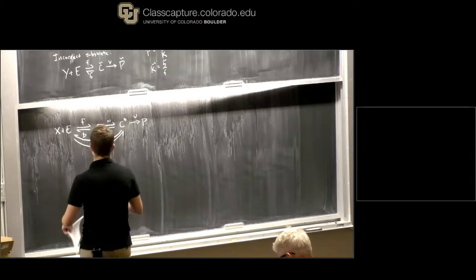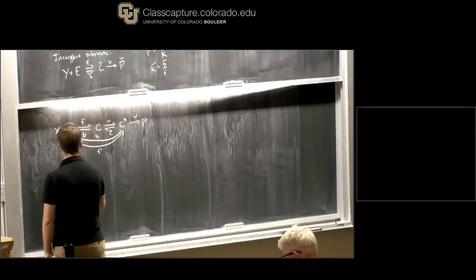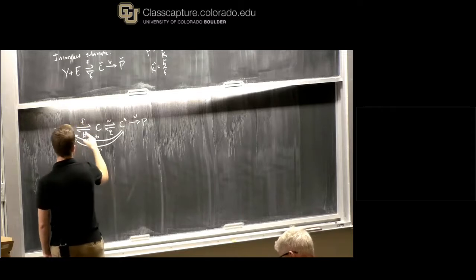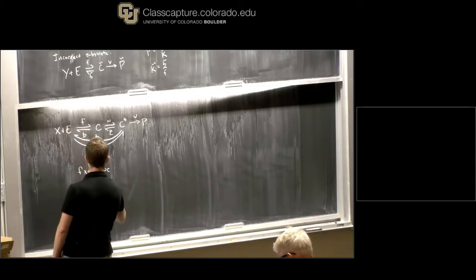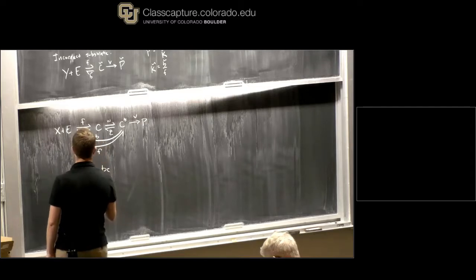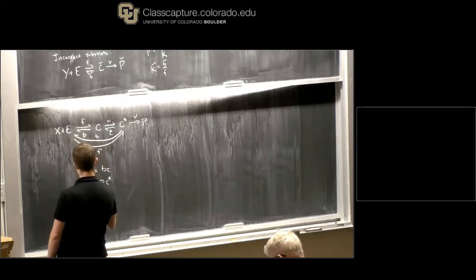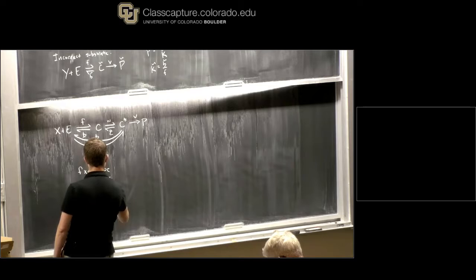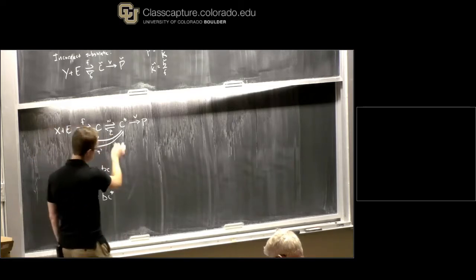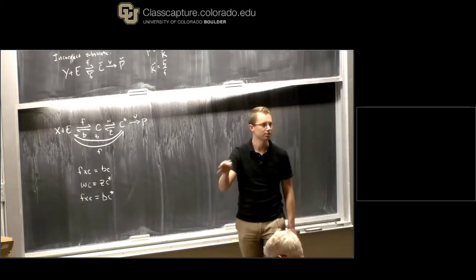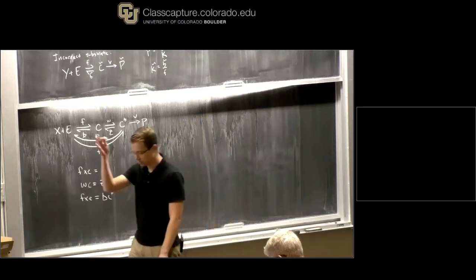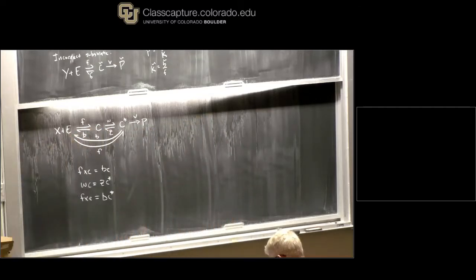So that is to say that Fxe is the same as Bc, and Wc is the same as Zc star, and Fxe is the same as Bc star. Okay? These ensure that there's no sort of bias in this triangular cycle in one direction or the other. And that's what an equilibrium system is. It's sort of exploring a space without any sort of flow. Okay?